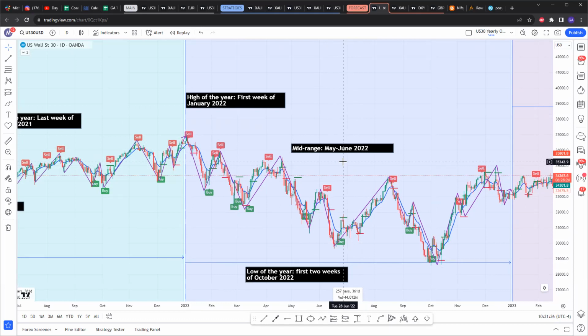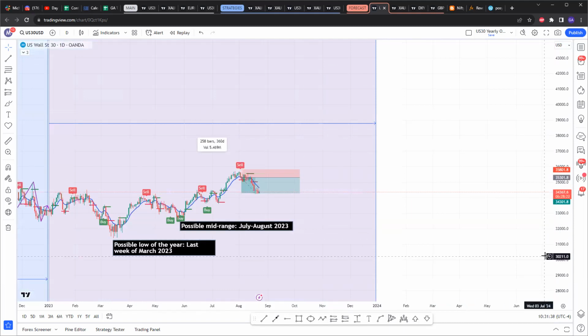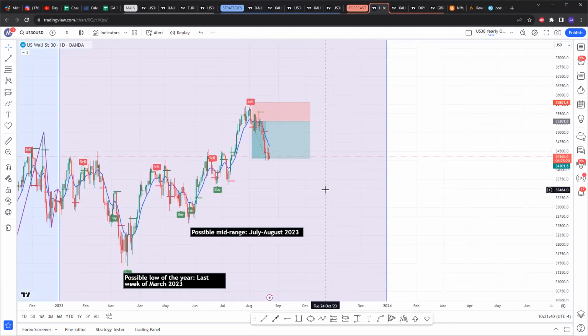Right now, if you ask me, this is the reason why we had this nice sell on US30 here. If you ask me, for the last 7 years, I think, I really haven't gone to 10, so I think for the last 6 or 7 years, every year US30 falls between the months of July or August. Now, I know that's a big range, because how will you know during what week or what day it falls?